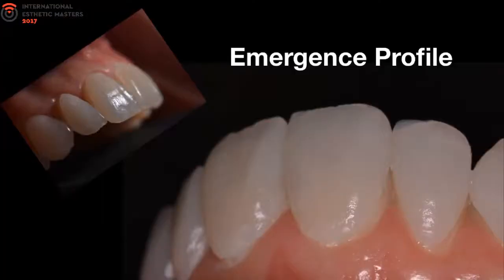Unfortunately, the size proportion cannot be completely correct in this case because the veneer placement is limited by the emergence profile. However, it is possible to change the axial position by changing the buccal inclination of the incisor edge.